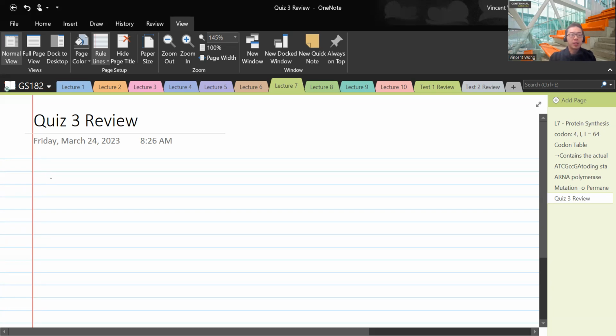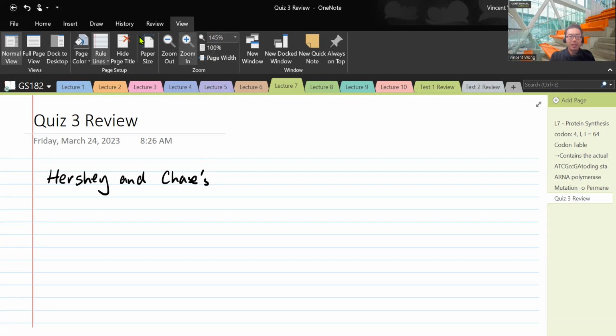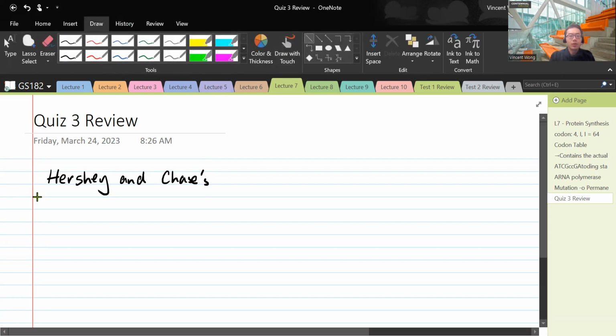So one of the experiments that we talked about was Hershey and Chase. And they worked with bacteriophage, which are viruses that infect bacteria.